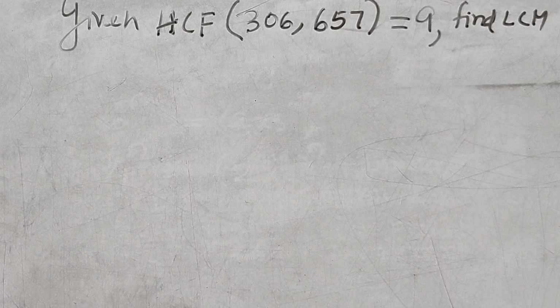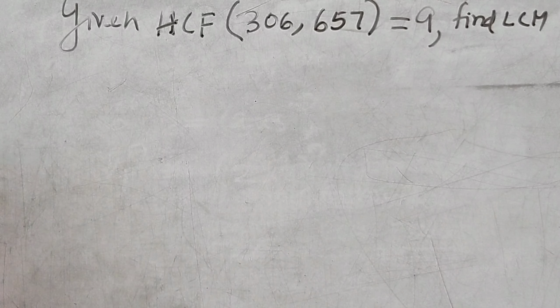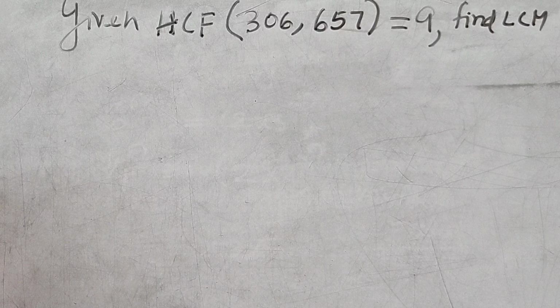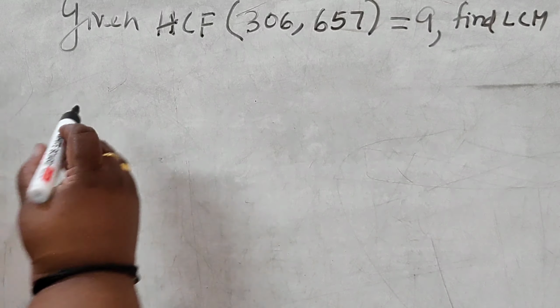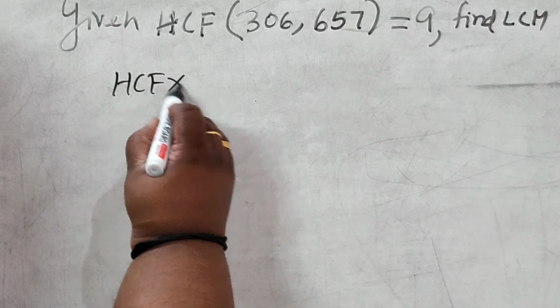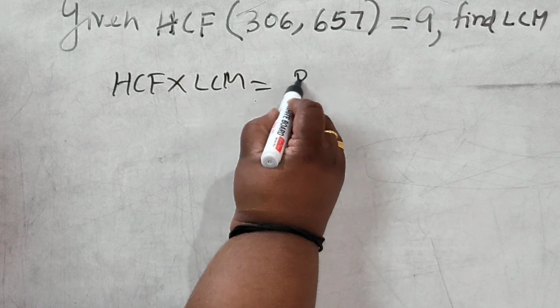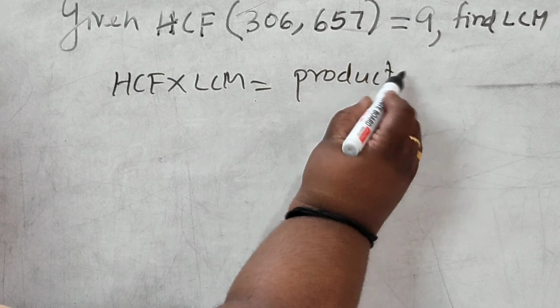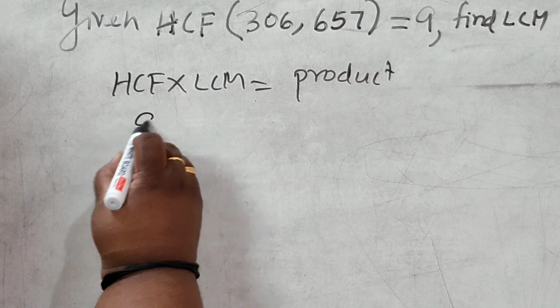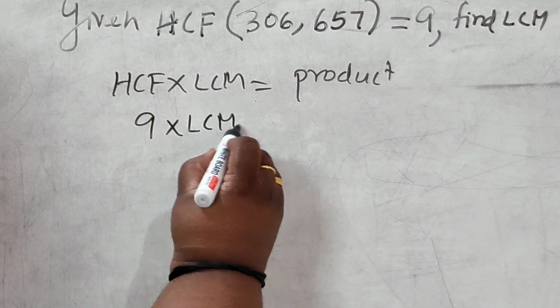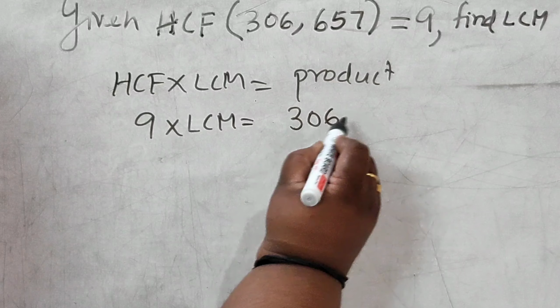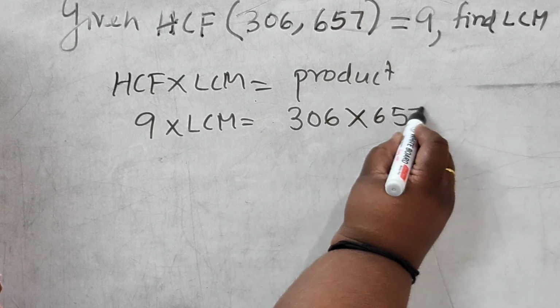Next question. Given that the HCF of 306 and 657 equals 9, you have to find the LCM. So we have the relation. What was the relation? HCF into LCM equals the product of the numbers. So HCF we have is 9. 9 into LCM equals the product of the numbers, 306 into 657.